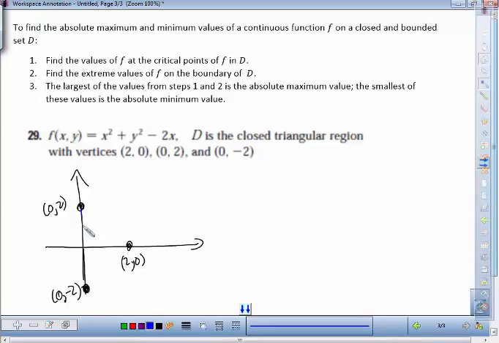Okay, so we have our triangle. That is our closed, and everything inside. So closed triangular region that includes everything inside. Okay?